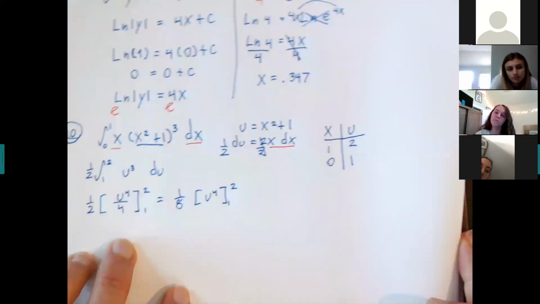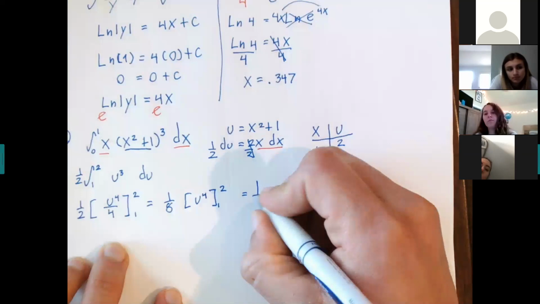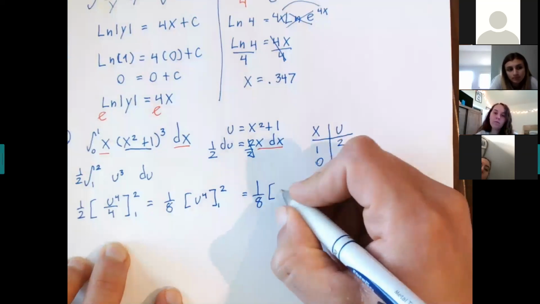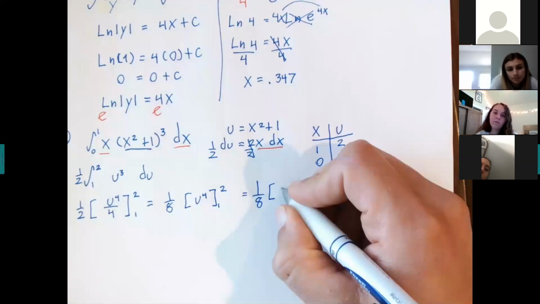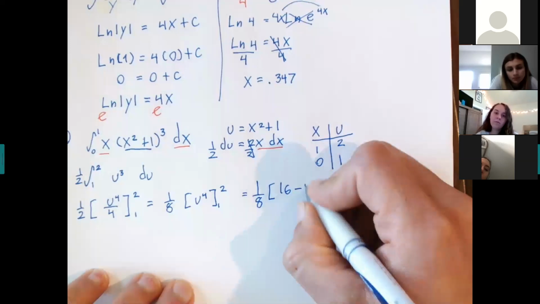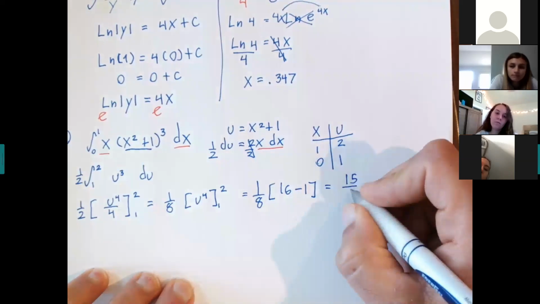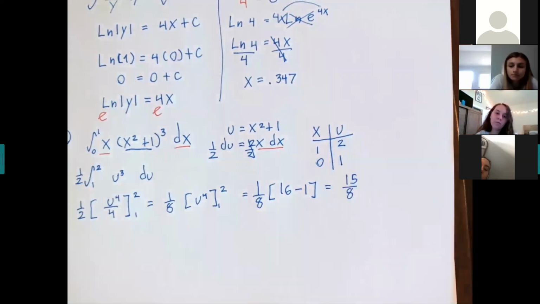Okay, and then finally you have 1/8. Let's see, 2 to the 4th, which is 16. 16 minus 1, which is 15. So we got 15/8. And that's it. Okay. Let's move on to 12.